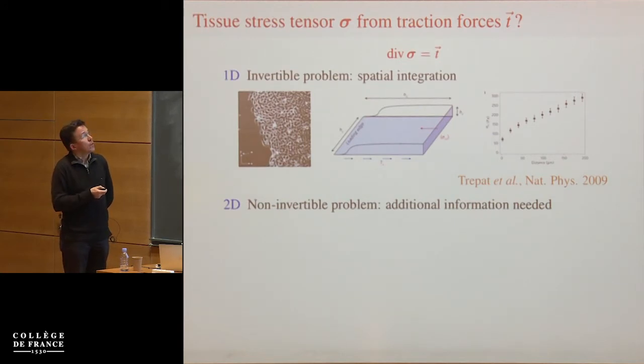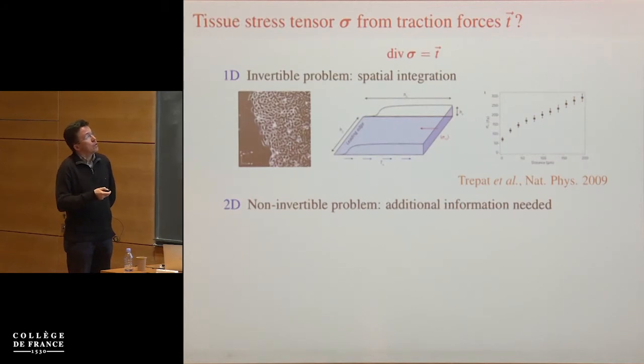The problem becomes 1D. This equation reduces to divergence of one-dimensional stress equals component of the traction force along x, and it's very easy to integrate the average traction forces along x to obtain a profile of tension, which typically increases as we go farther from the free boundary.